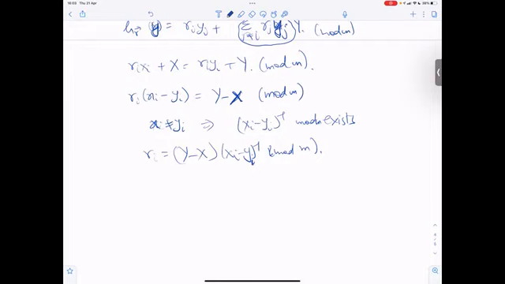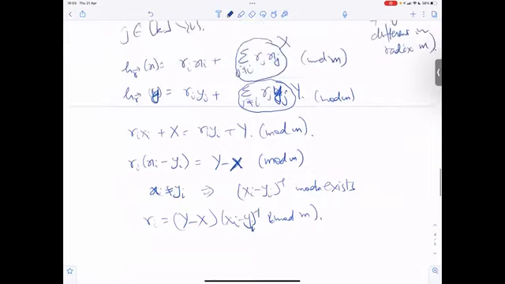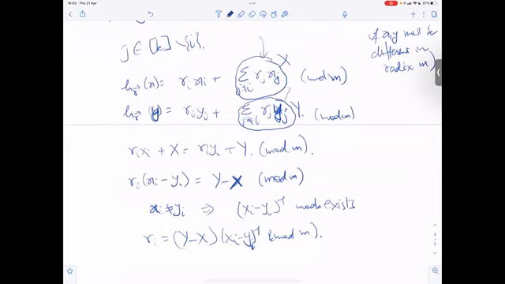So if you have fixed this x and y earlier, this quantity is some fixed value. Ri equal to that quantity occurs with probability 1 by n, because Ri is chosen from 1 to n uniformly.